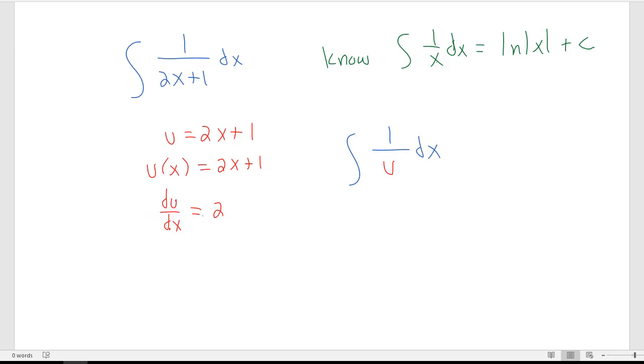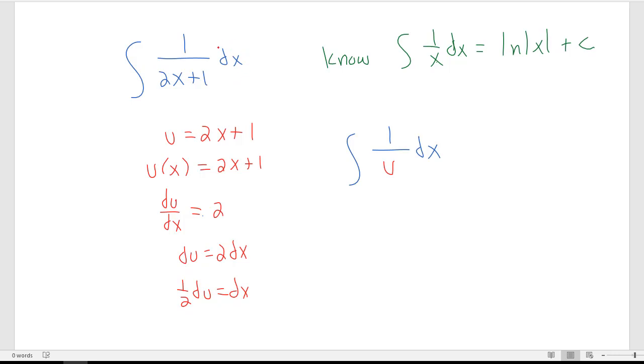Now the advantage to this is that it allows me to do basically another substitution. I'm going to solve for the dx. I'm going to take the dx term and multiply it to the other side, and then isolate the dx by dividing the 2 over. This now allows me to replace the dx with this du expression.